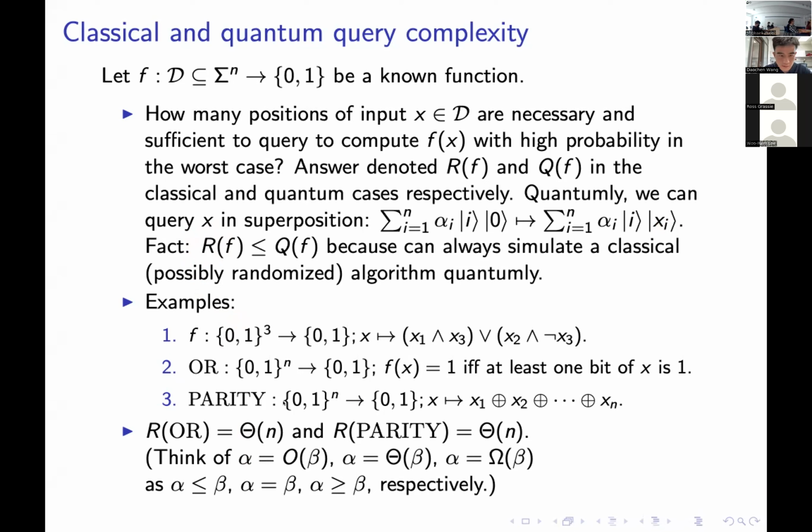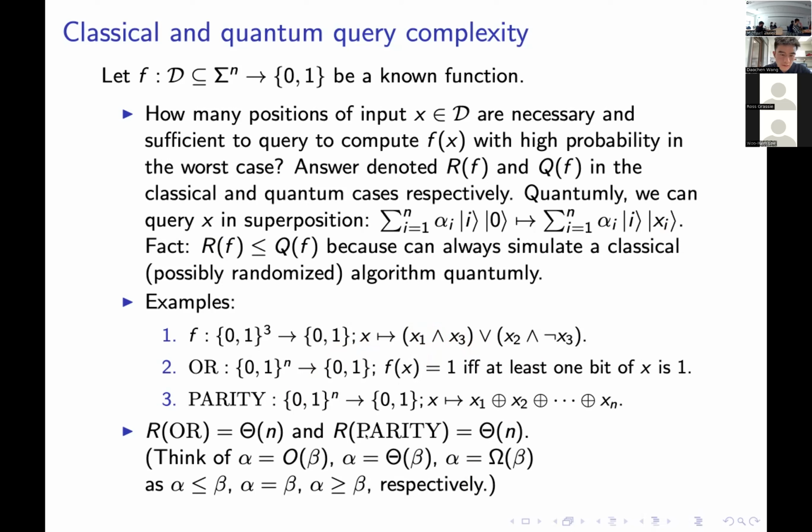To get a flavor of this complexity measure, let us think about the classical query complexities of the following 3 functions. The first function is a simple finite example with n equal to 3. It maps 3 bits encoded in x to (x1 and x3) or (x2 and not x3).